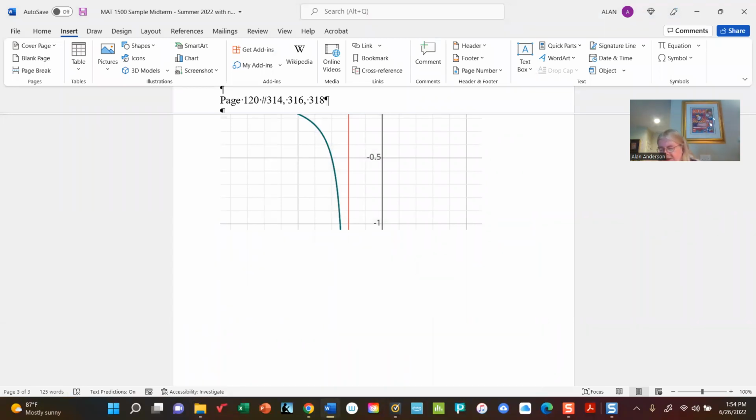All right, now the next question is 123.16. And for that one, we have a composite function. We're told that f of x is x squared plus 2x minus 3, and h of x is 1 over x plus 4.